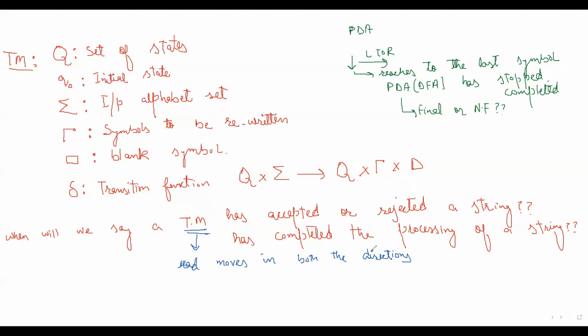Or it is only going in the left direction. So there is a possibility. So when will we say that a Turing machine has completed the processing of a string? We on our own cannot say that. The Turing machine itself decides when to stop.